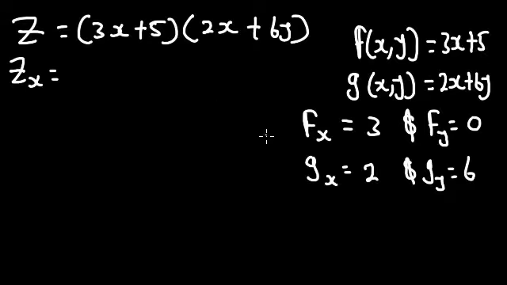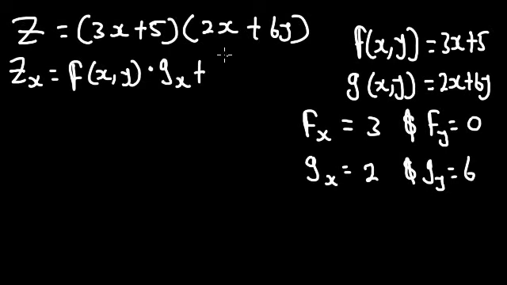Now, having gotten all this, we can now come back to z sub x. Remember, the formula says that take the first function f of x comma y and multiply with the derivative of the second one with respect to x, g sub x. Then add it to the product of the second function, g of x comma y, and the derivative of the first function with respect to x partially.